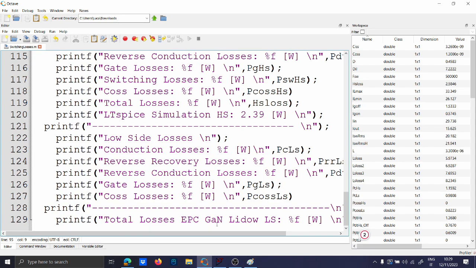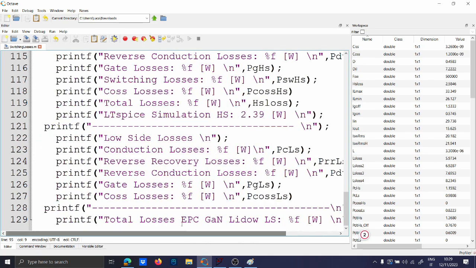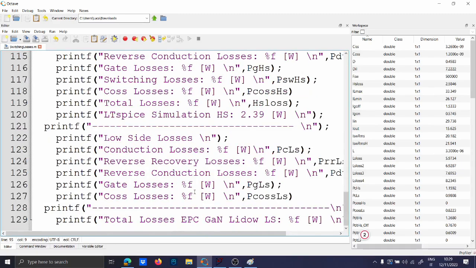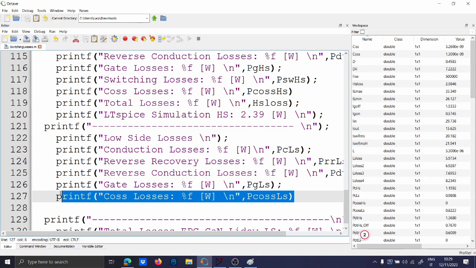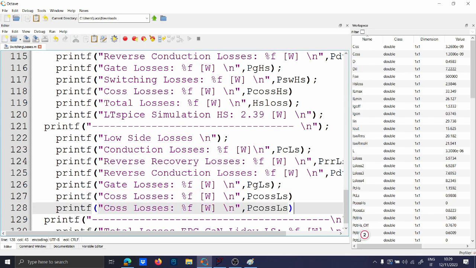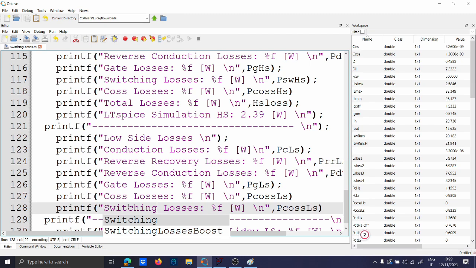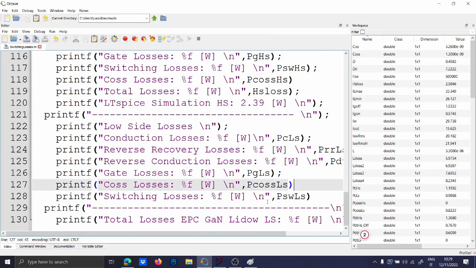I didn't write total losses EPC GaN Leadoff LS loss. Ah, okay, because then I make the sum of everything. But I don't like this, so let me use another print. Switching loss, P switch low side. Okay, now it should be good.